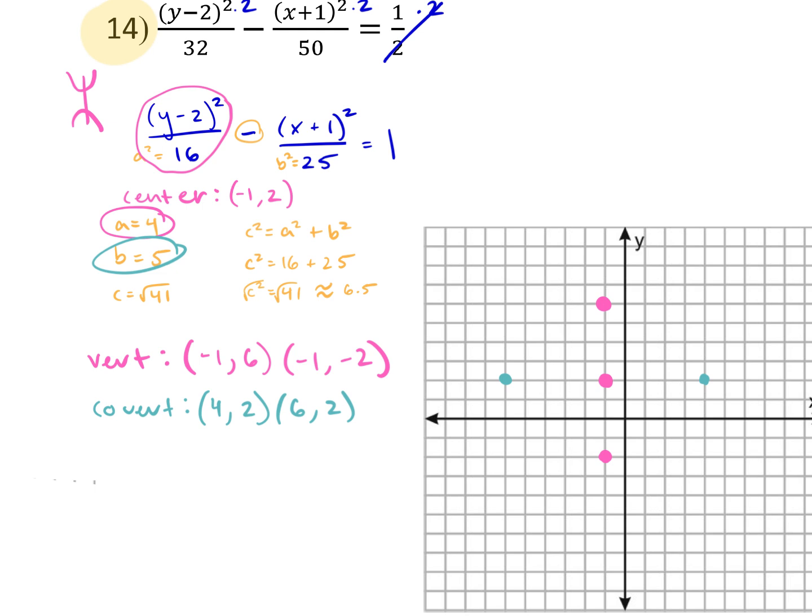Next, we want to draw our asymptotes. -6, 2. Perfect. We want to draw our asymptotes, so I'm going to draw this imaginary box that connects the vertices and the co-vertices. And then through the diagonals of our box, we're going to have our asymptotes.